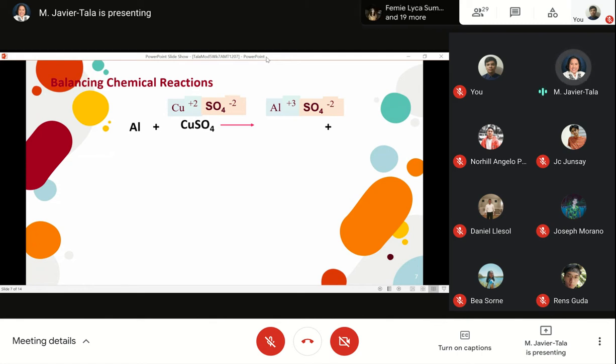So copper 2, because copper is a transition metal, it is positive 2 and positive 1, we used in this reaction copper, which is positive 2. Then your sulfate as a polyatomic anion contains sulfur and oxygen as a group. And as a group, the whole sulfate ion has a charge of negative 2.